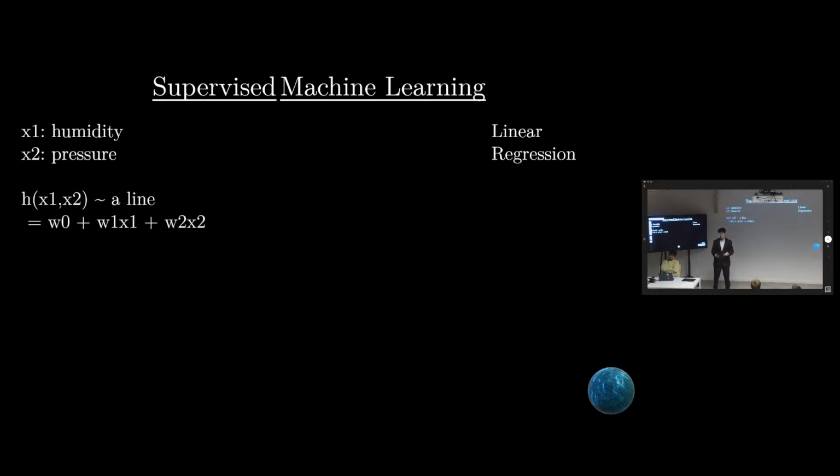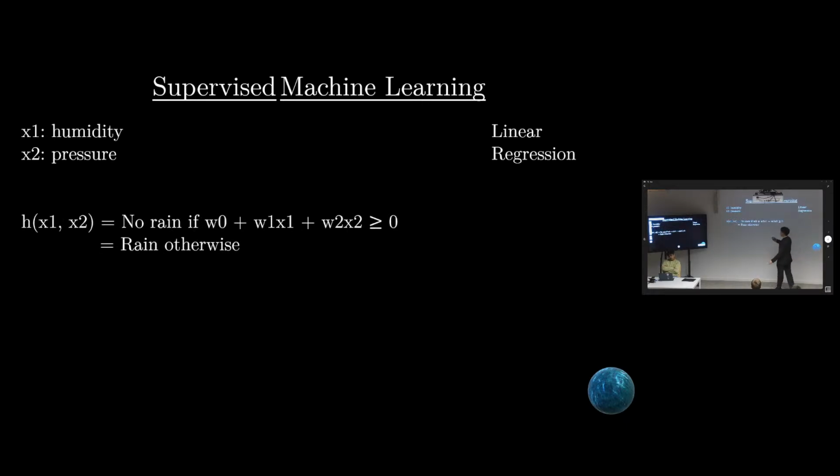Maybe you're not used to multivariable calculus, but it's pretty much the same. When you have a line in 2D, you say y is equal to ax plus b. Now you have two inputs, and we say it's equal to w0 plus w1 x1 plus w2 x2. Pretty much the same. It's just what we call a linear combination, and we call w0, w1, w2 weights. And how is h going to map?